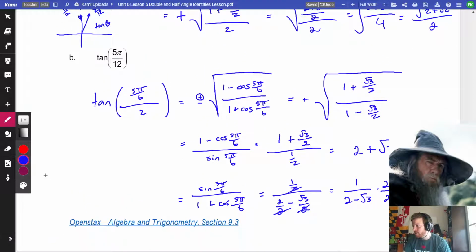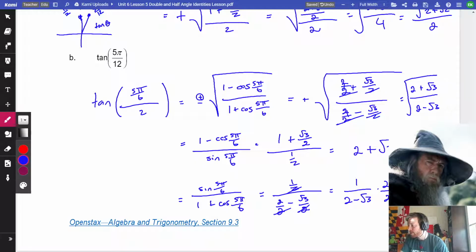All right. Does this top one simplify? Let's see. Write this as a 2 over 2. Write this as a 2 over 2. All the 2's are going to cancel. 2 plus root 3 over 2 minus root 3, all rooted. That's pretty nasty. I'm going to write out the calculator. Let's see if it gives us the same number.